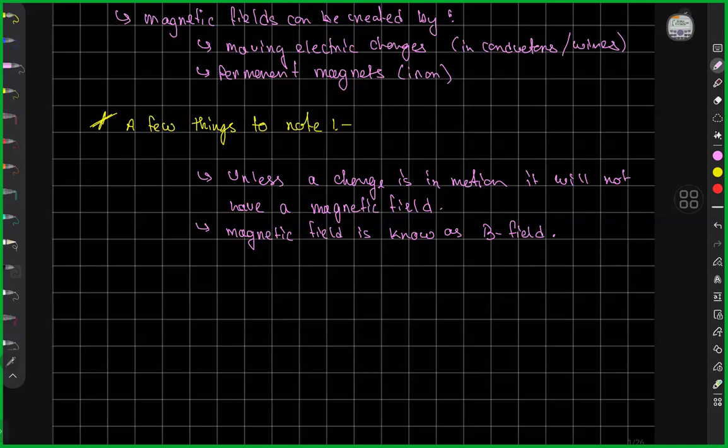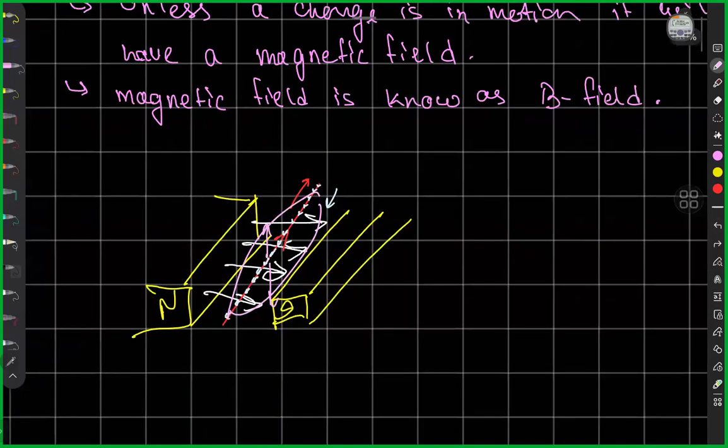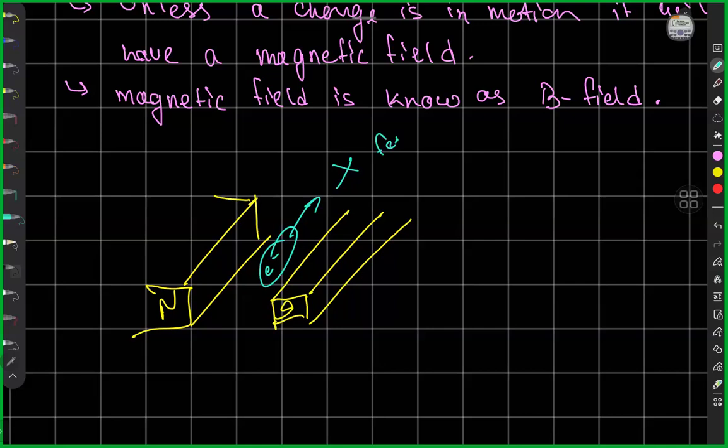Other thing: you have a magnetic field. I have a charge, let's say an electron. It's not moving, it's static. This will not feel a force until and unless charges move.